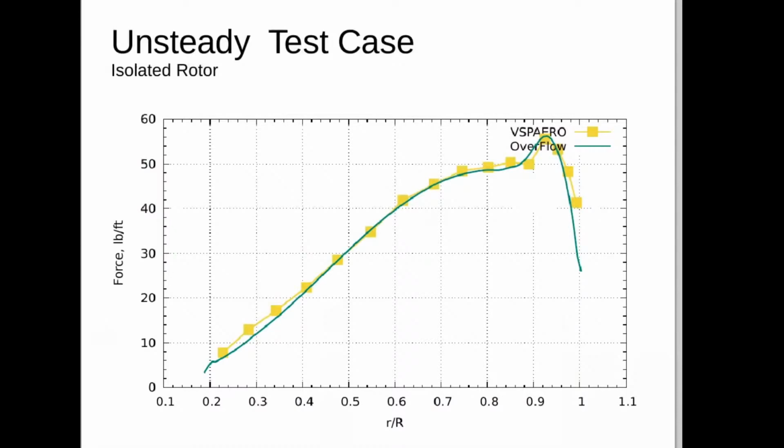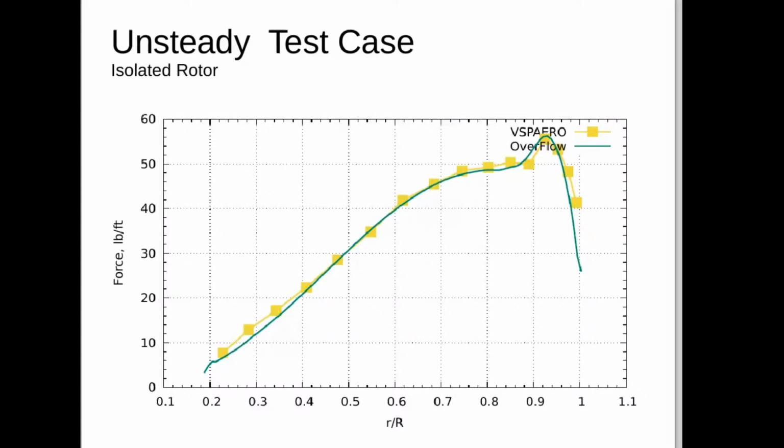And then just looking at the load on one of the blades. So we've got two sets of data here. In green is the Overflow, and the yellow box with the line is VSPAERO. So this is basically force, pounds per foot, from the root out to the tip.